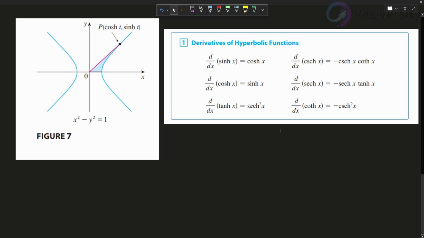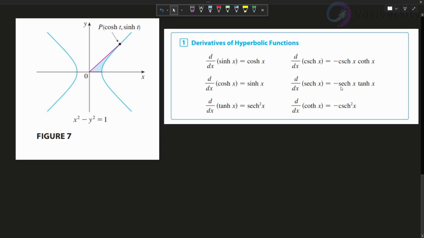Hyperbolic tangent gives secant squared, and then similarly for secant, cosecant and cotangent. So we will be able to use that.